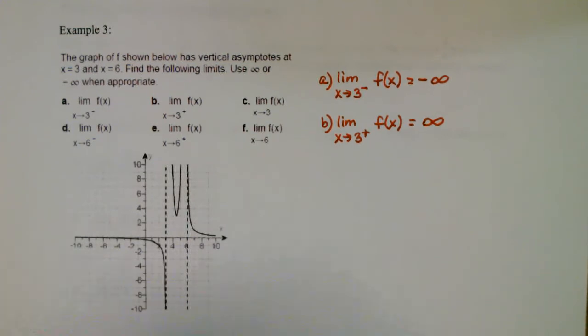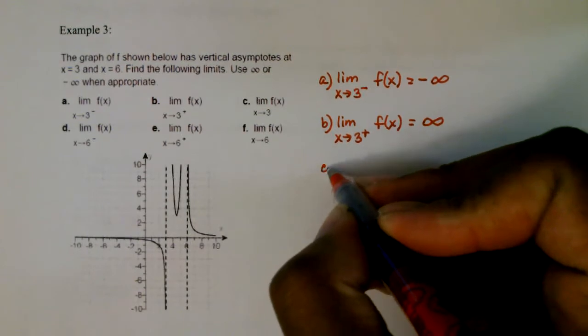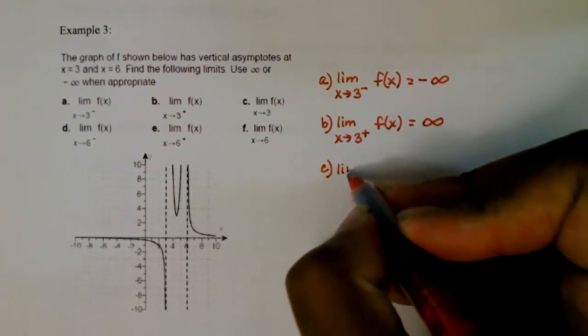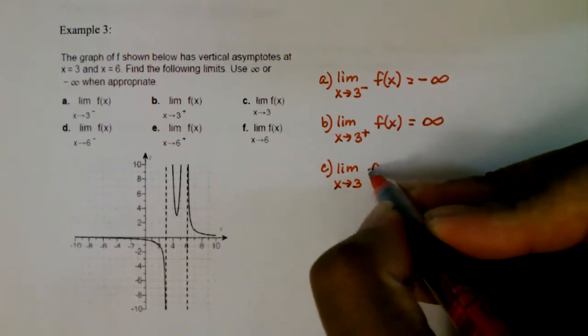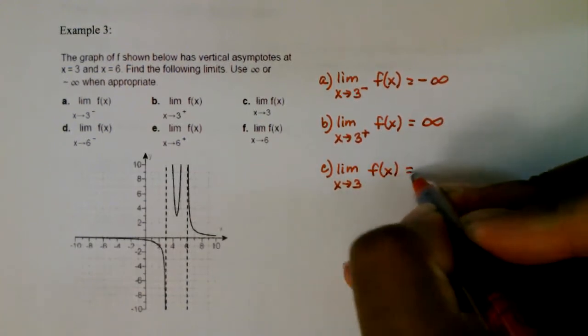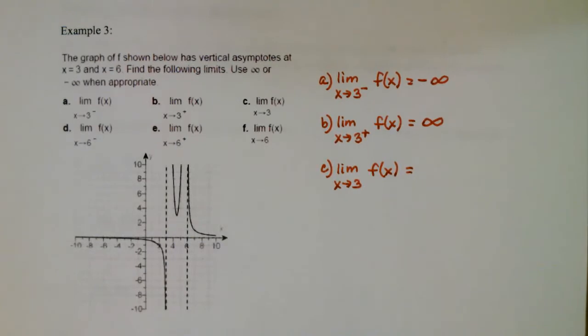Now part C, the limit as x approaches 3 of f of x. For the limit, we need to look at what's happening on the left and on the right of 3. They have to approach the same place.